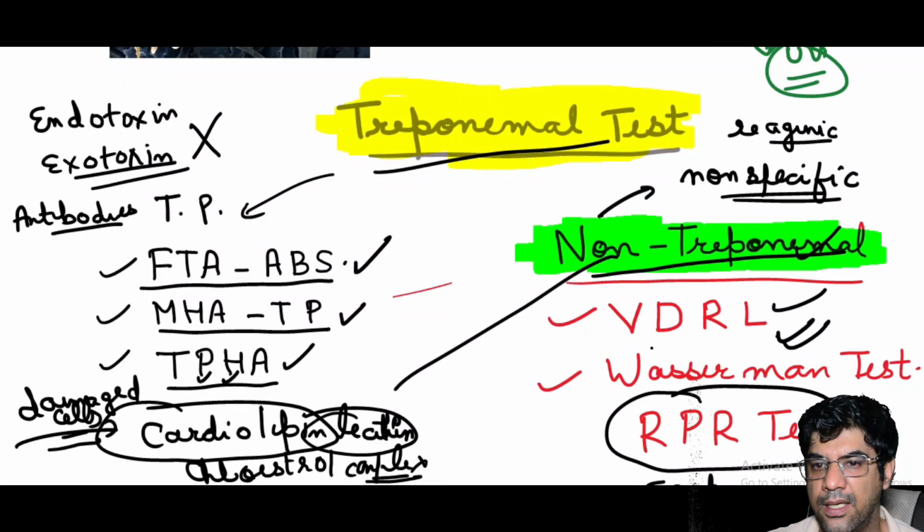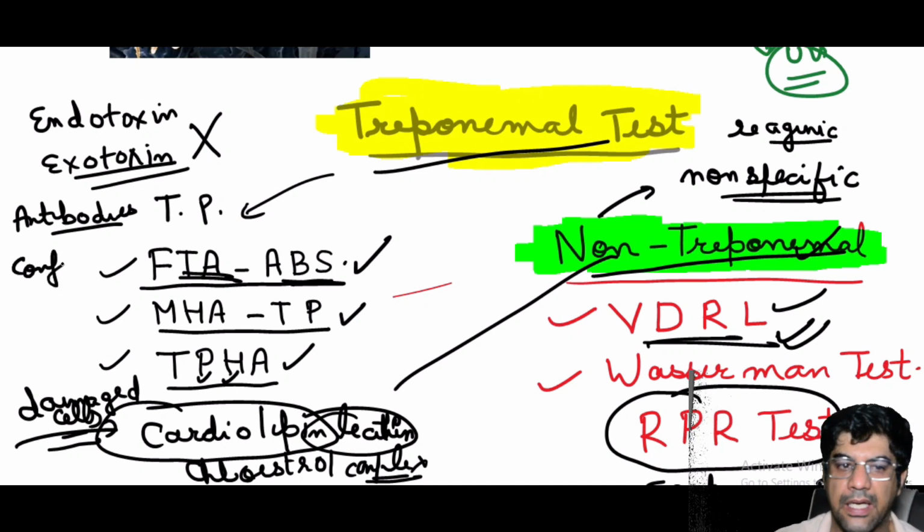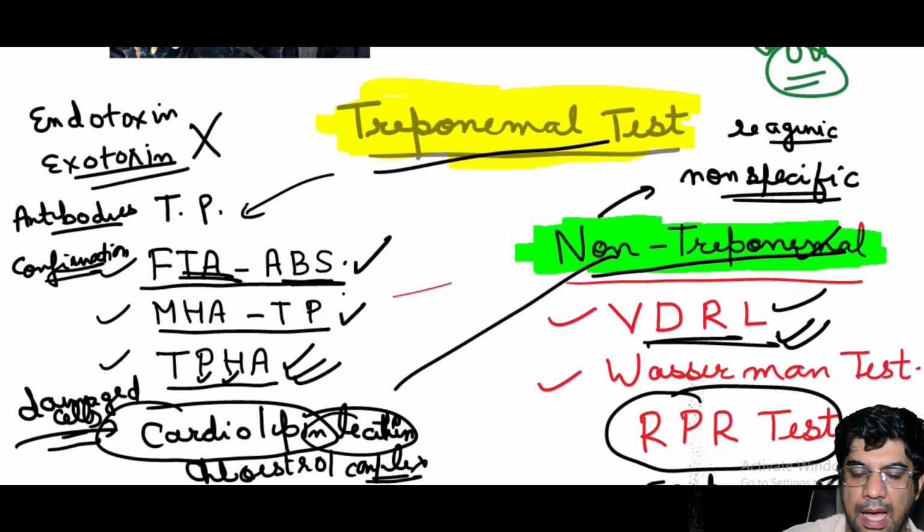Remember that the VDRL test is easy to perform, gives quick results, but it has lower specificity and sensitivity compared to the treponemal test, whereas FTA-ABS test is highly specific and sensitive and it is used for confirmatory diagnosis, but it is costly. TPHA is a highly reliable test and is suitable for large scale applications.